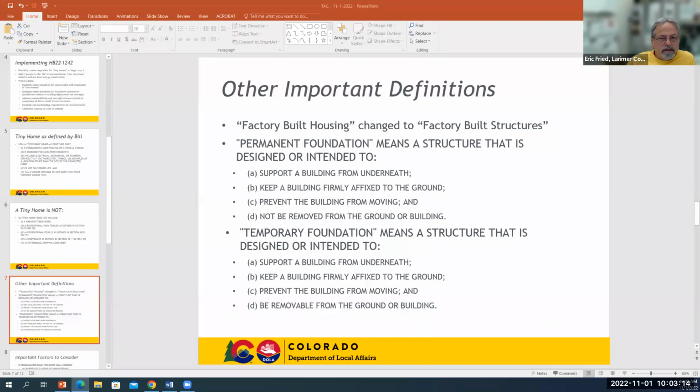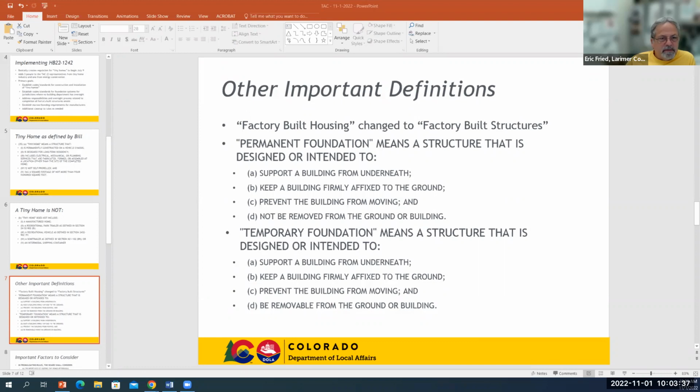It turns out there is nothing in state law that defines it. There was a rule, but the way the definition and rule was structured, it said something about resisting all loads or supporting the building, and a permanent foundation had to be designed by a Colorado engineer. Well, the loophole there is you just don't have an engineer design your foundation, then it becomes a temporary foundation. So that didn't work too well.